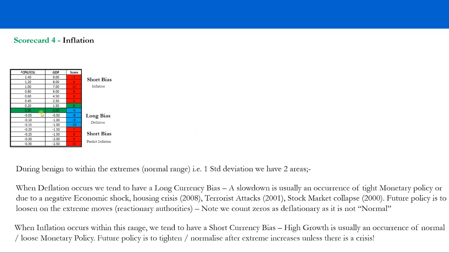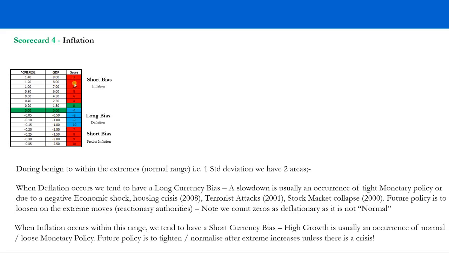And you can see here that we're going up in increments of 0.2% on the inflationary side, and it's tighter on the deflationary side, going down in increments of 0.05% on the scorecard. And these numbers are again associated historically with certain levels of real GDP growth.